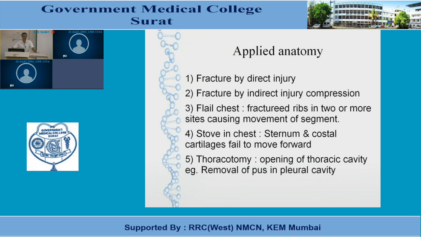We can use subperiosteal resection of ribs for bone grafting. Again, as periosteum is intact, ribs will regenerate. This is about one additional use. Ribs can be used for bone grafting.